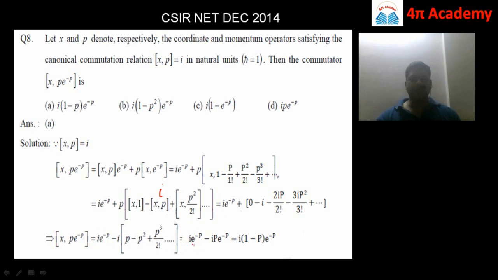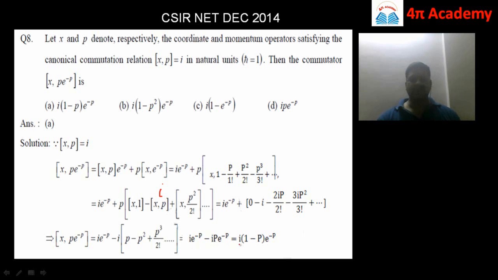So this will be equal to i into e^(-p) minus i into p, taking p common. If I take this p common, then it will be 1 minus p plus p squared by 2 factorial plus p cubed by 3 factorial and so on, which is nothing but e^(-p).